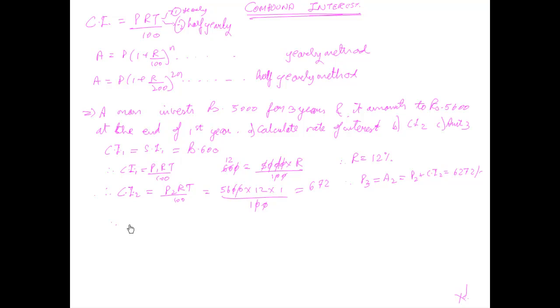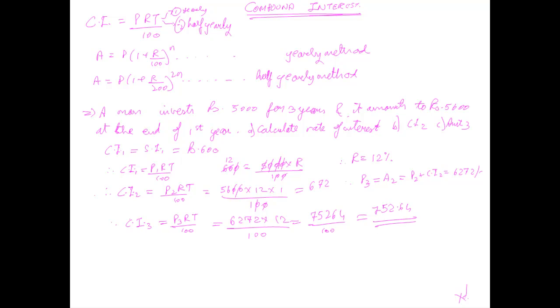Now children, CI3, compound interest for the third year, would come out to be P3 RT upon 100. P3 is 6,272. Rate is 12 into 1 upon 100. Here children will first multiply. That's 6,272 times 12, which comes out to be 75,264 upon 100, which is 752 rupees 64 paise.